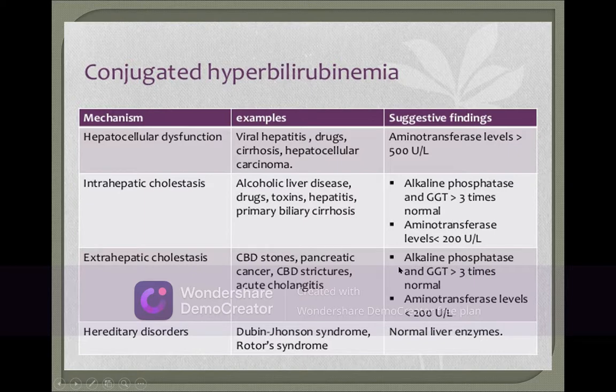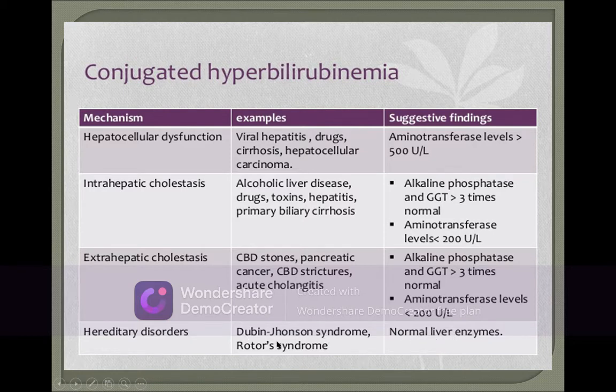In this case, you will find the alkaline phosphatase and the gamma GT definitely on the higher side, in comparison with the aminotransferases, which are normal.